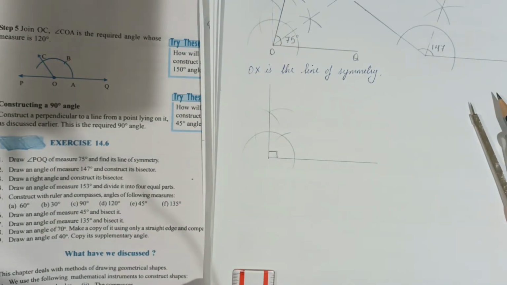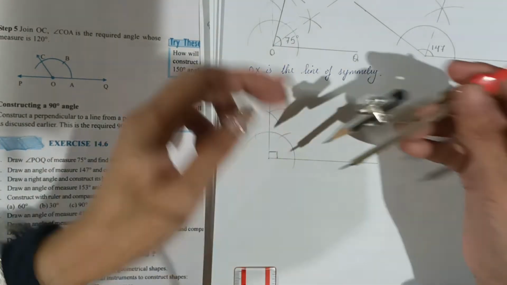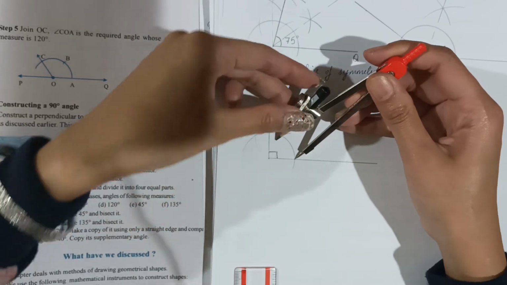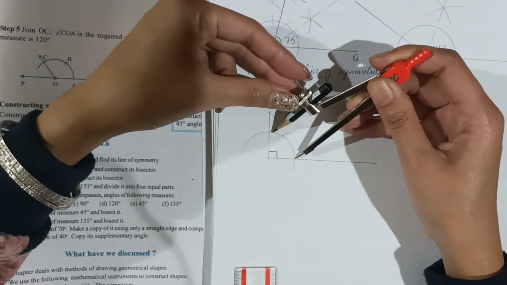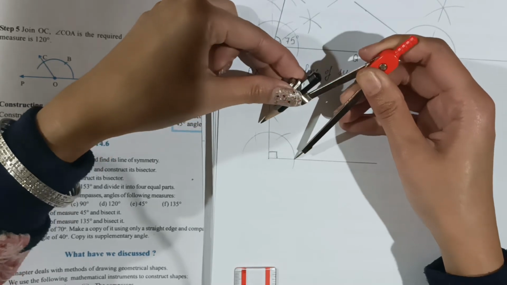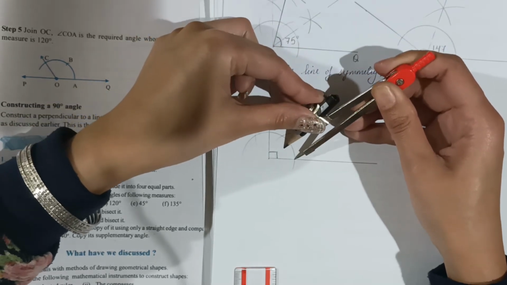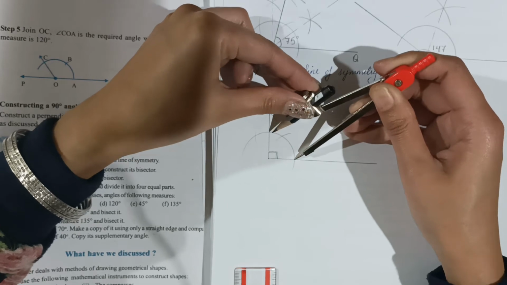Okay, now the bisector will be, here I already have an arc, so I will just measure more than half of it. It can be up to this much, but not less than half of it.